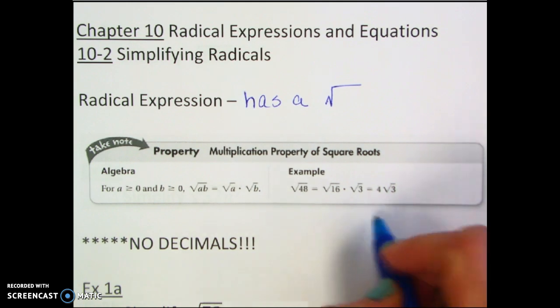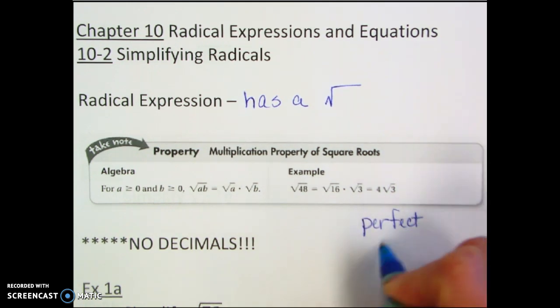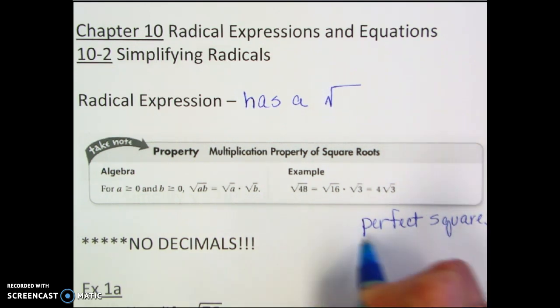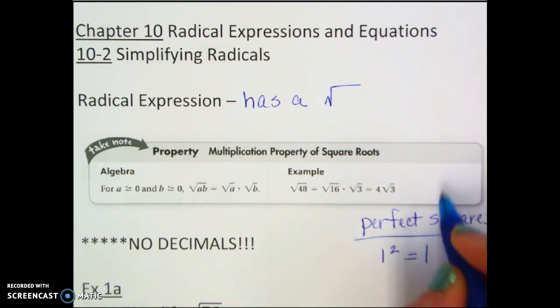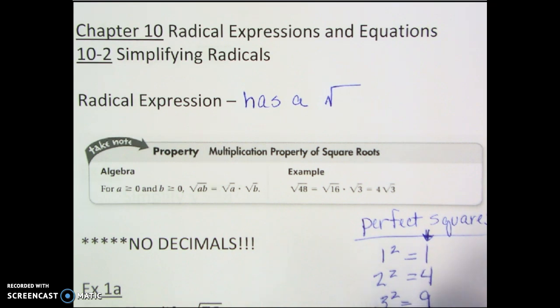All right, so there are some perfect squares that you should have memorized. If you don't, I would definitely write these down so you have them on hand. 1 squared is 1, so these are the perfect squares right here. 2 squared is 4. 3 squared is 9.